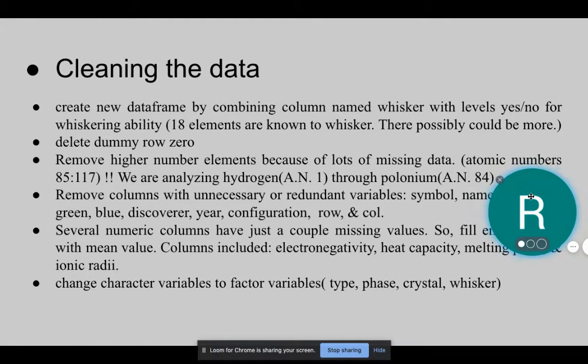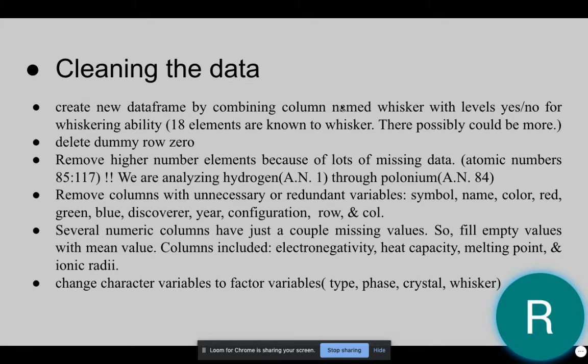So cleaning the data. I made a data frame by combining a column named Whisker with levels yes, no for whiskering ability. There are 18 elements that are known to whisker. There possibly could be more. I had to delete a dummy row, row 0, as there was no number 0 element.